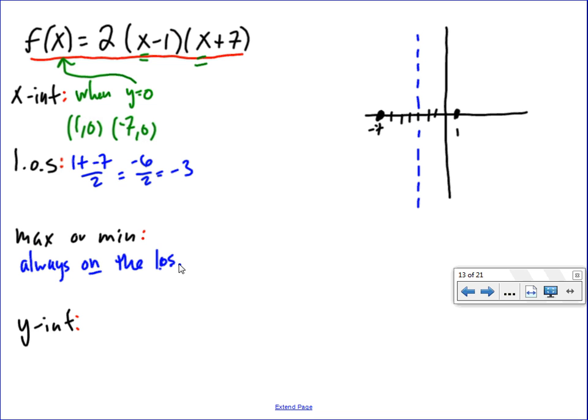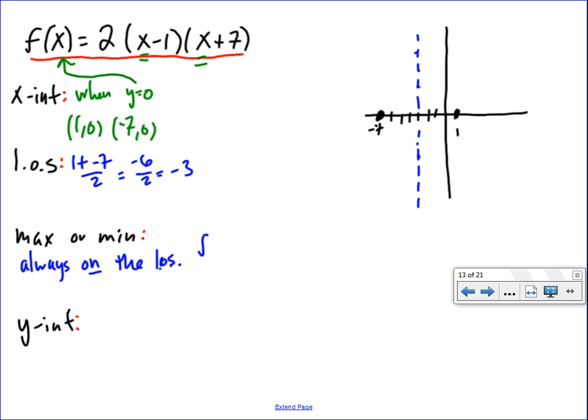Now what I mean by that is it's somewhere here, maybe up top, maybe down below, but we're trying to find the y value of that max or min, because I know the x. You know the x is negative 3. I've got to figure out what the y is with that. Well, that sounds like I'm going to use the function. I know the x. I've got to figure out the y. That's what functions do for us.